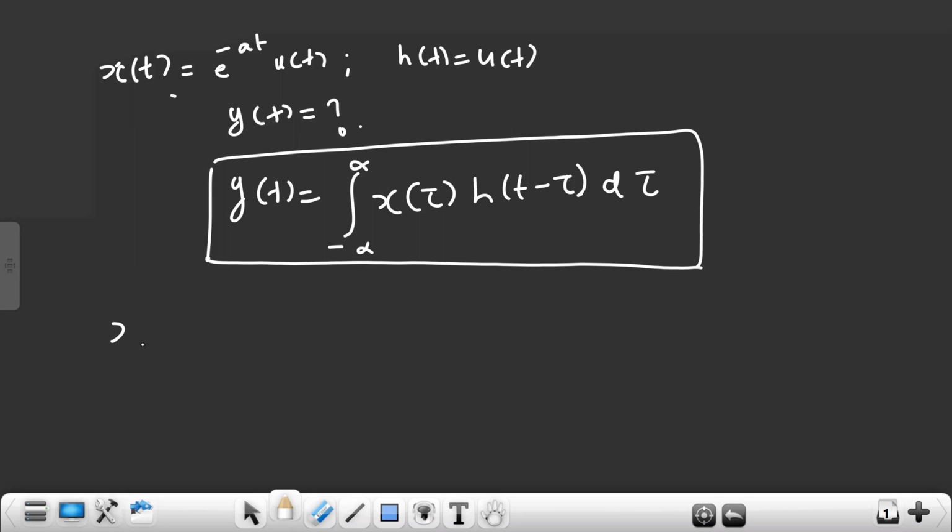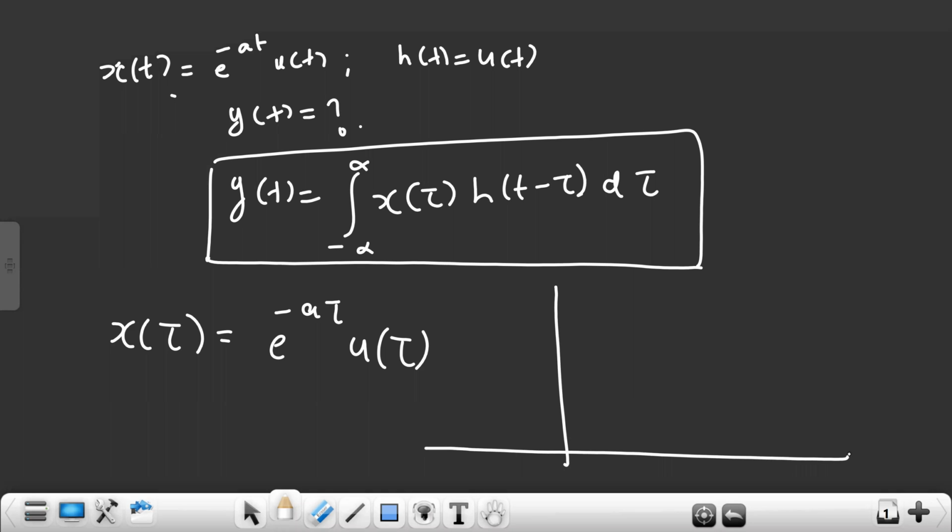X of tau is given by e raised to minus a tau times u of tau. Simply, you have replaced t with tau. And we will try to plot this particular graph.